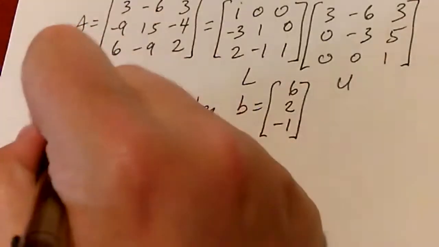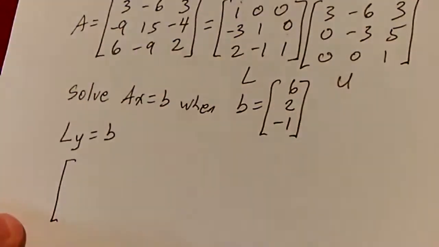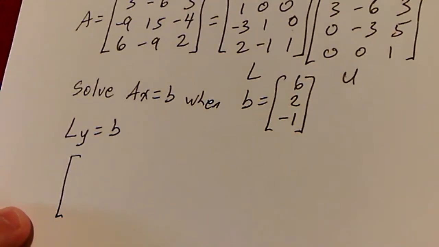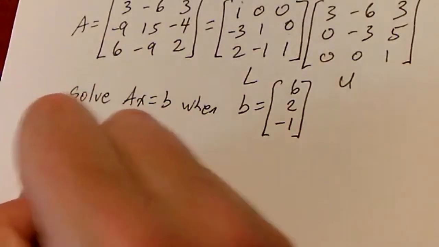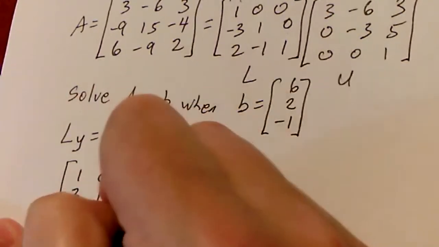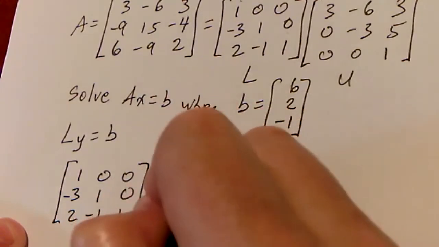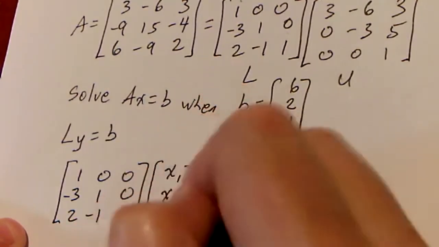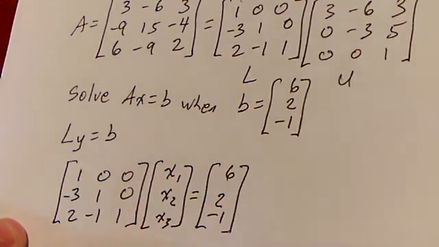So we're doing LY is equal to B. We're going to solve that using what we know about linear systems. I have my matrix L, 1, 0, 0, -3, 1, 0, 2, -1, 1. We would set this equal to y1, y2, y3, then set it equal to my vector B, 6, 2, -1.